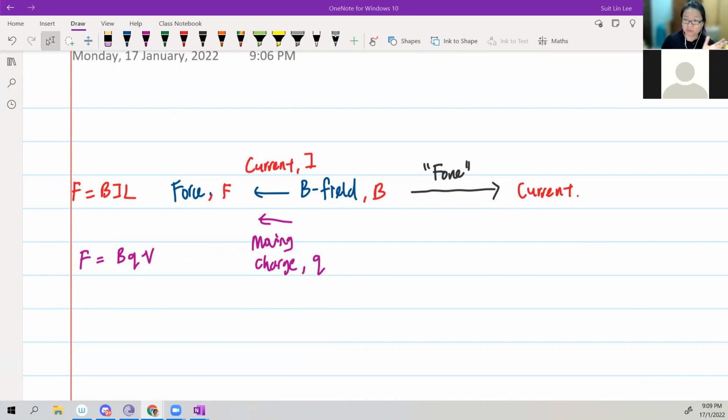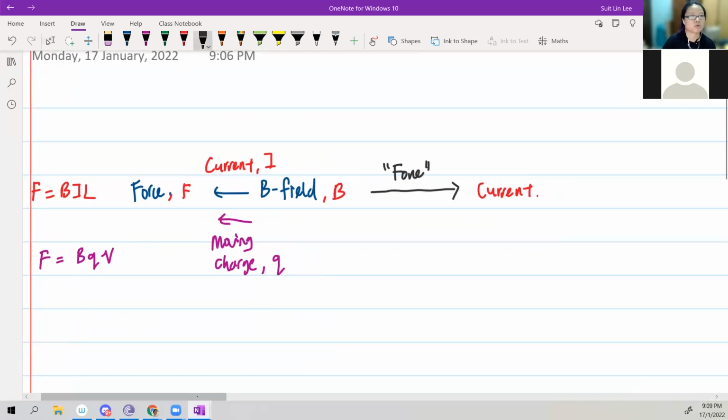If it's connected to a galvanometer, the galvanometer will deflect. So since we don't have a lab, I guess I will try to load a simulation for you to look at. Okay, but what we are going to look at now is the product being current.